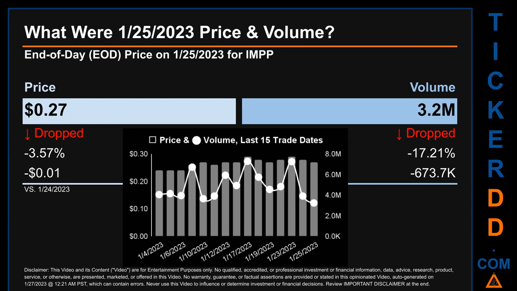The graph shows price and volume for the last 15 trade dates. Across a range of 5 cents, the max and minimum end-of-day price were respectively 0.29 and 0.24. Volume saw a range of 4.1 million, from a day low of 3.2 million to a day high of 7.3 million.